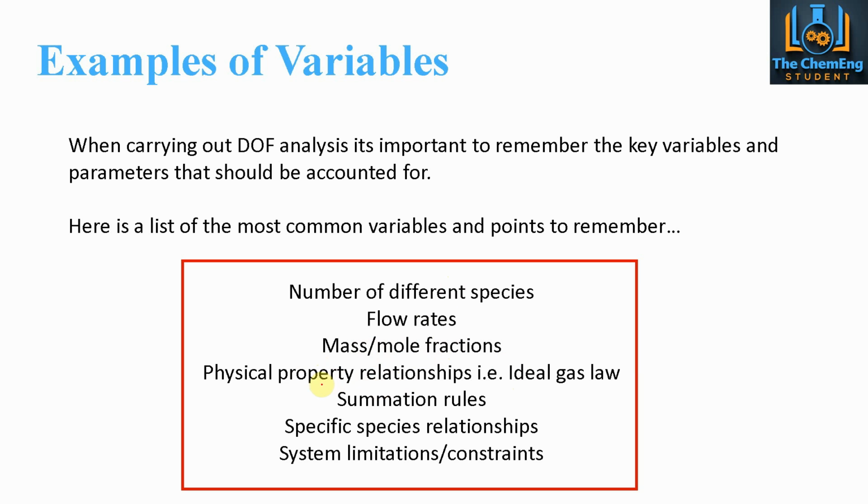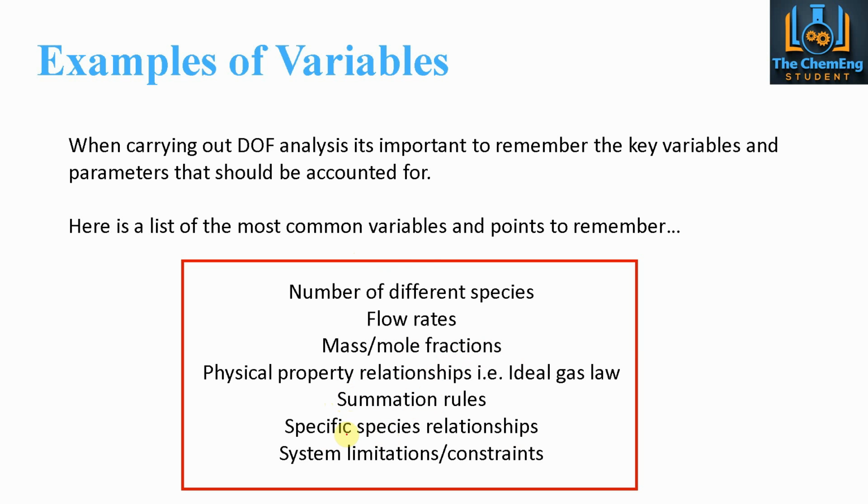If we can have a relationship between the physical properties of the different species, then that would give us an additional term of known variables. Now the summation rule is very, very important because that will allow us to create a subsequent relationship that may not be obvious or present in the problem statement.